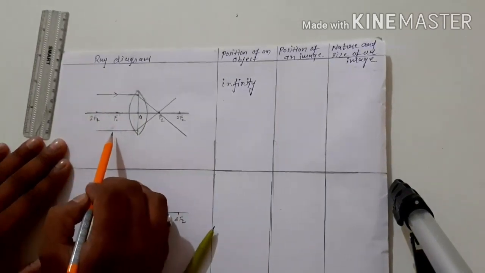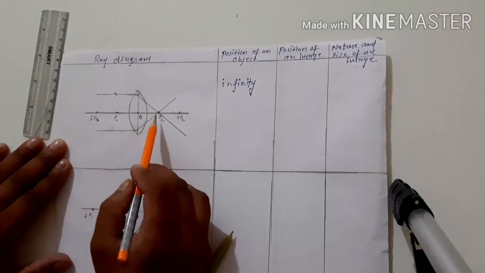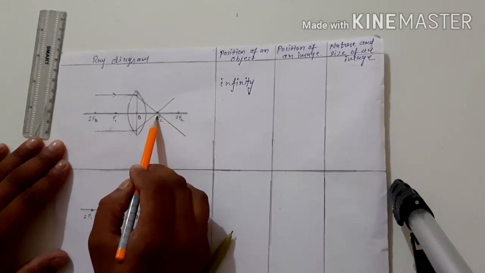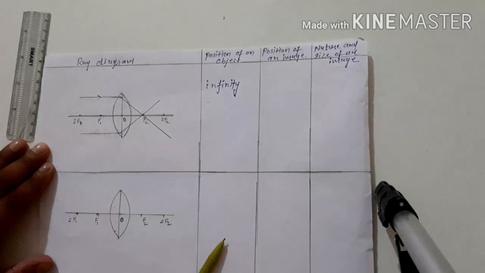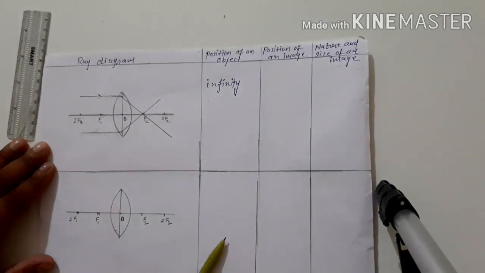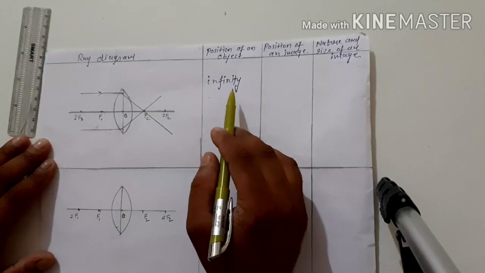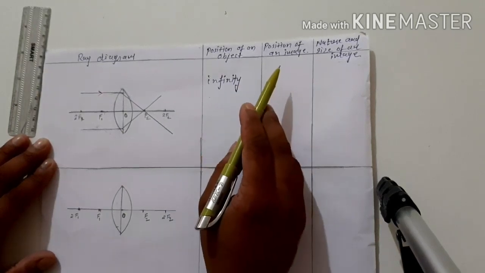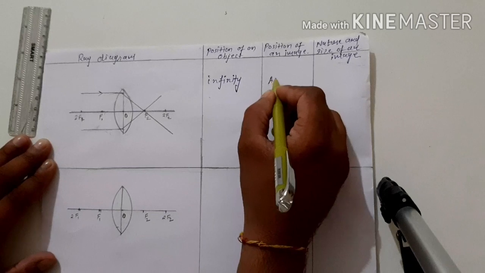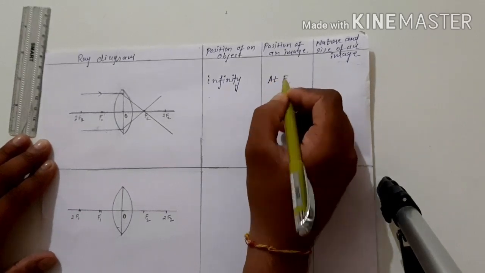The parallel light rays will intersect at F2, so our image will be formed at F2.